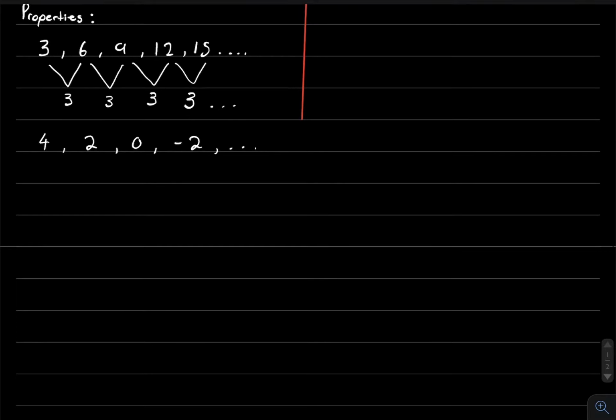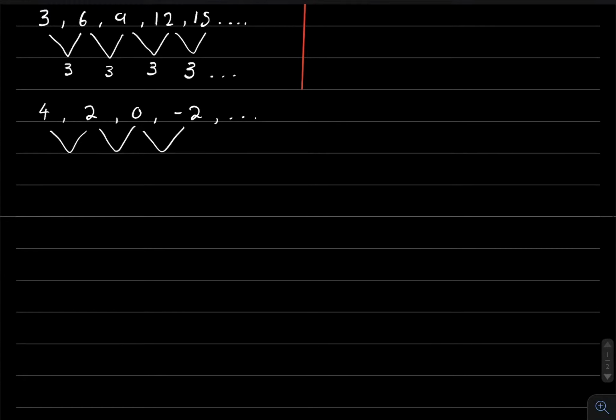So in this case, if the sequence is arithmetic, we would expect that the difference between the terms should be constant. If we were to find the difference, we would see that we have 2 minus 4, which is -2. We have 0 minus 2, which is still -2. We have -2 minus 0, obviously, -2. This pattern continues.